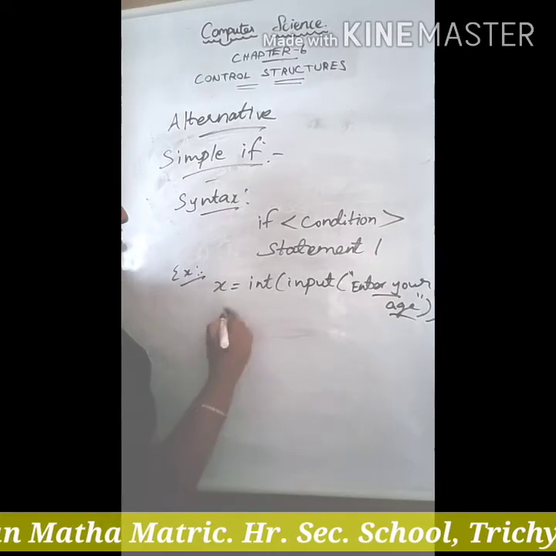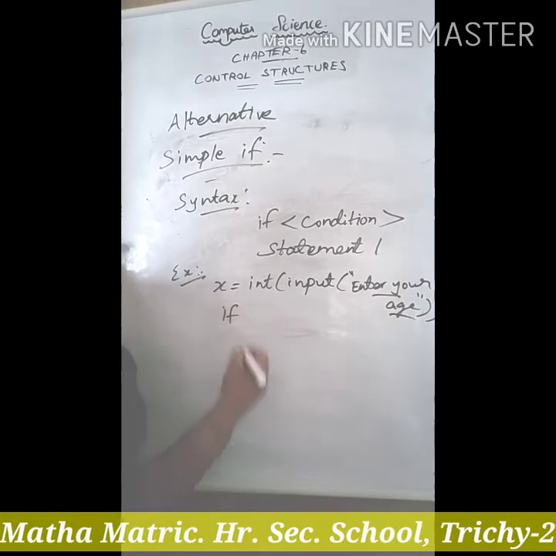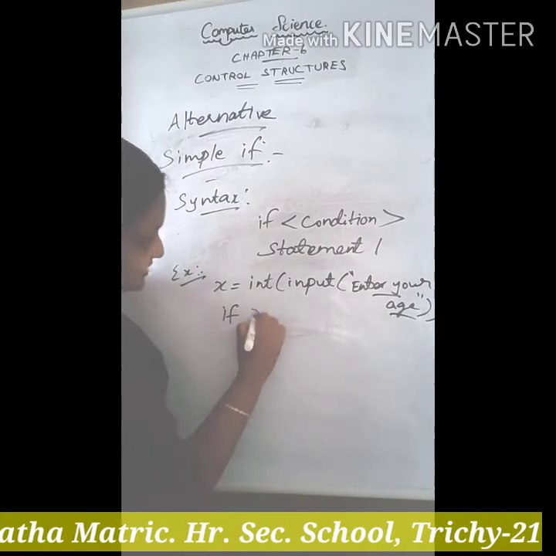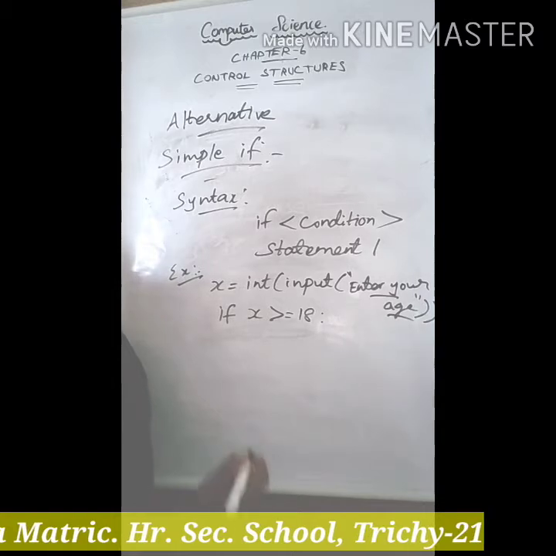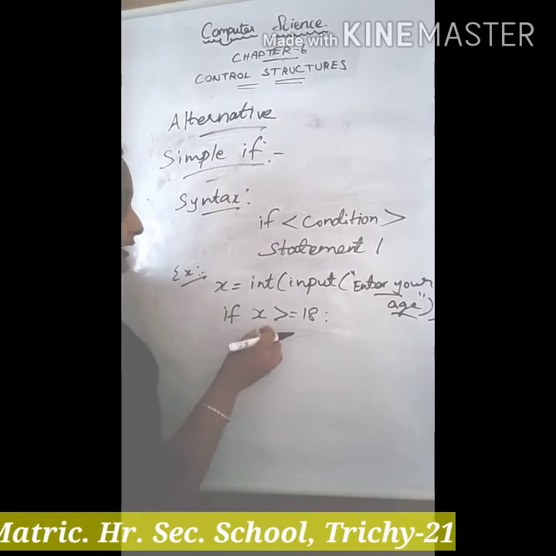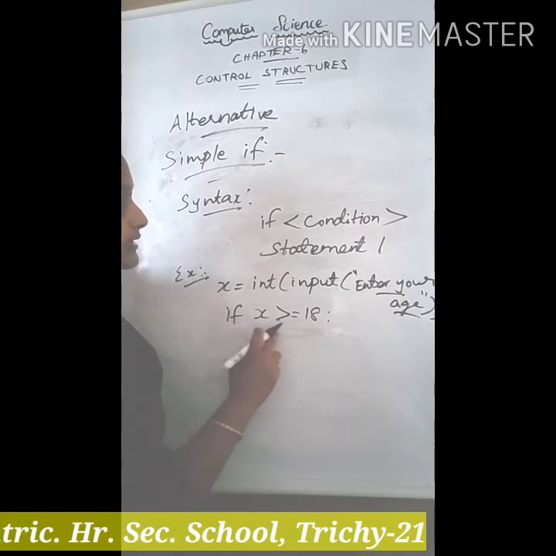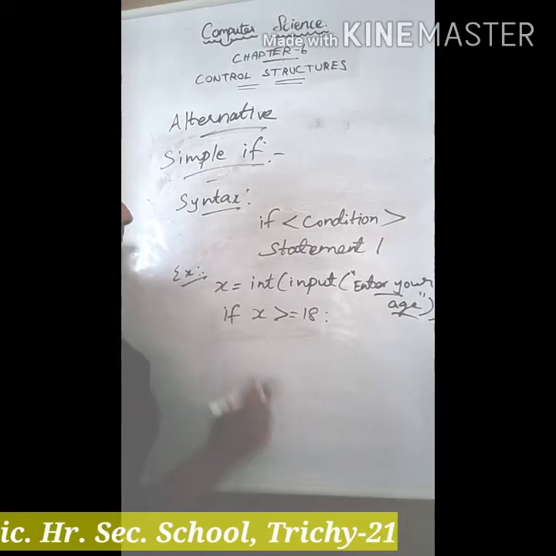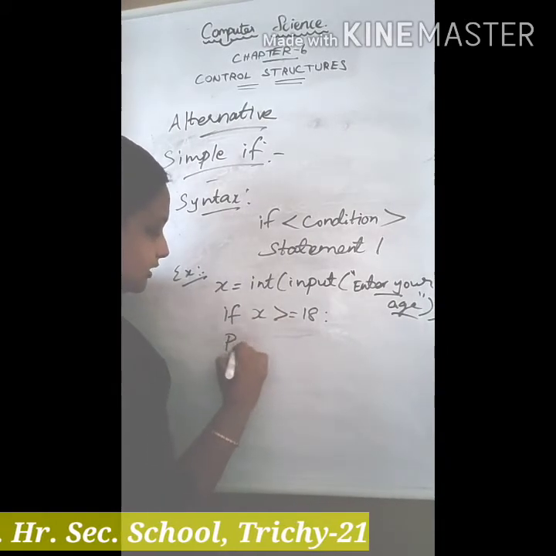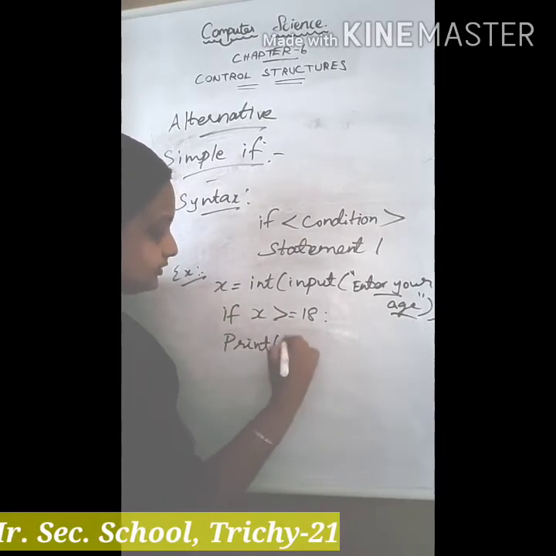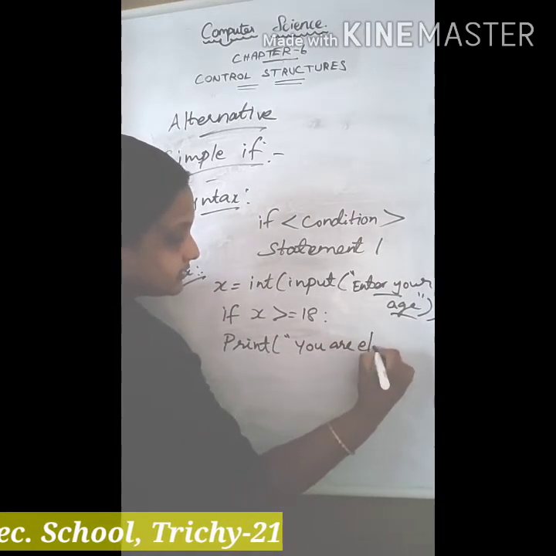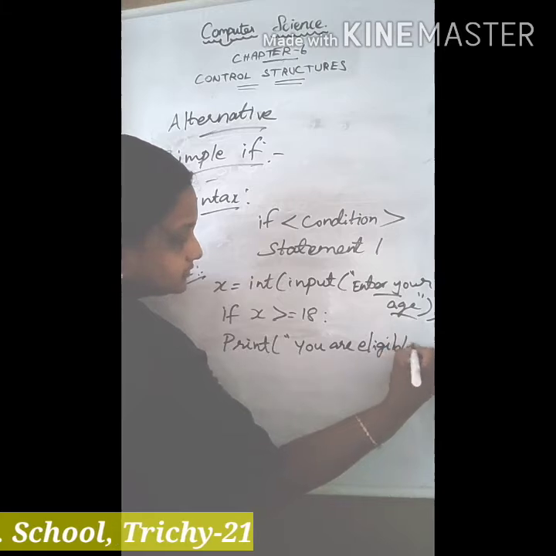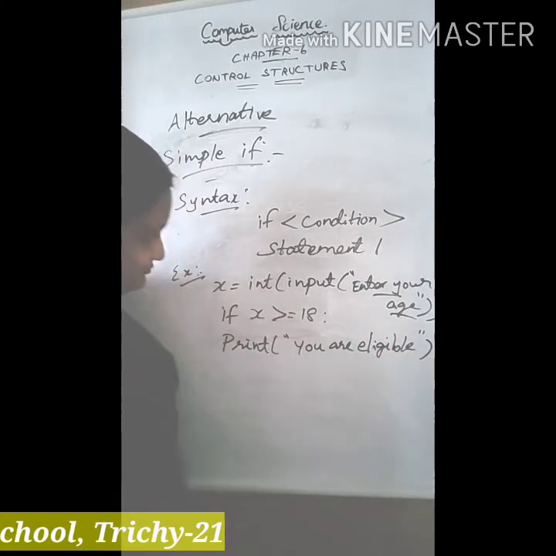Next, to check the condition: if x >= 18. Here I am checking whether the given age is greater than or equal to 18. If the condition is true, it prints the message: you are eligible.